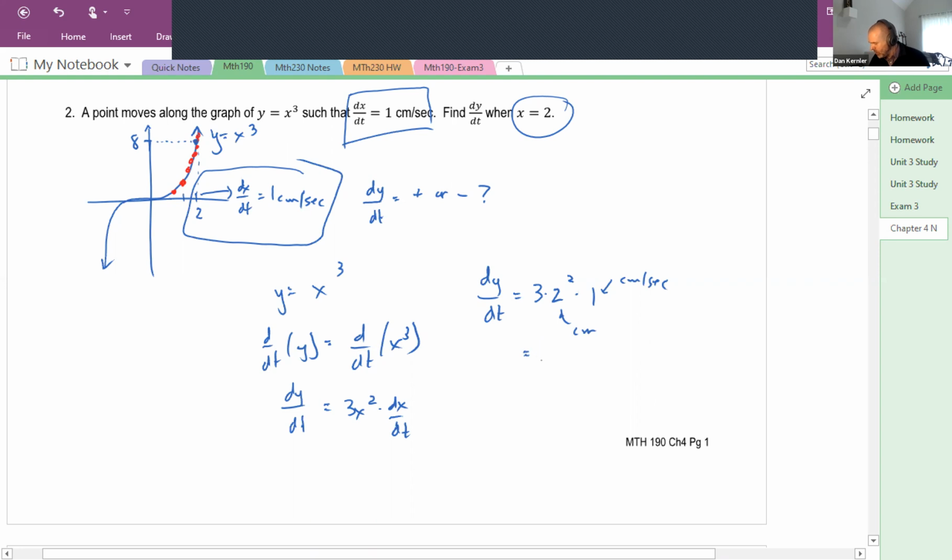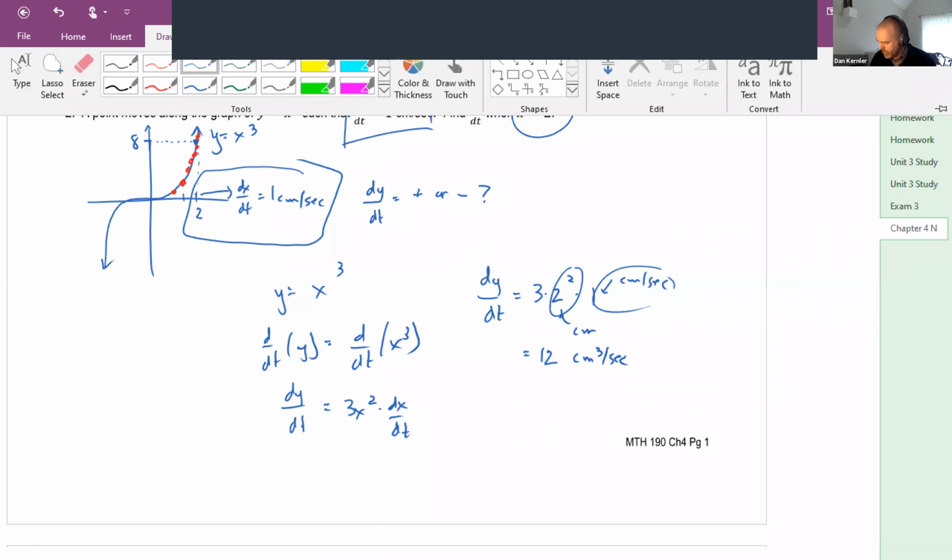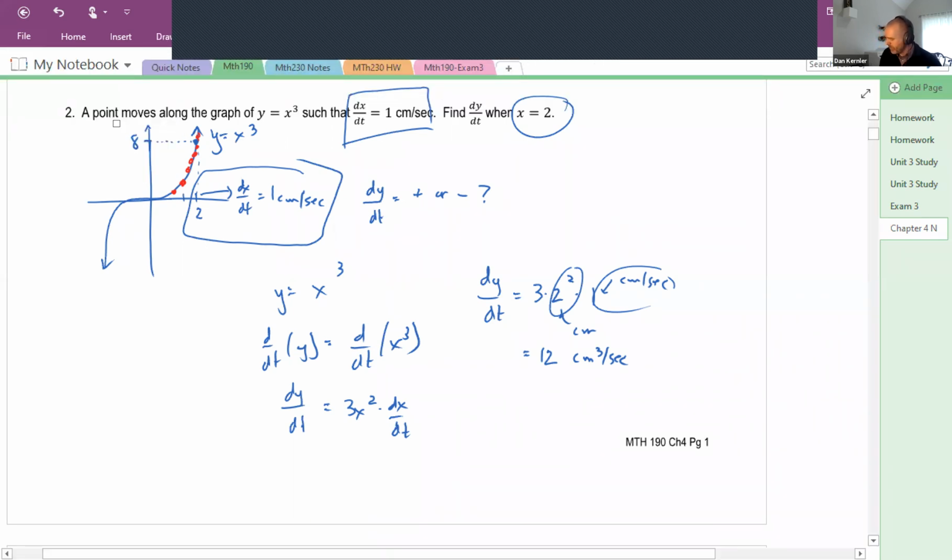So our total units would be 12 centimeters cubed per second. You'll get a centimeter squared from the 2, and you'll get a centimeter per second from the 1. So there's our final answer there.